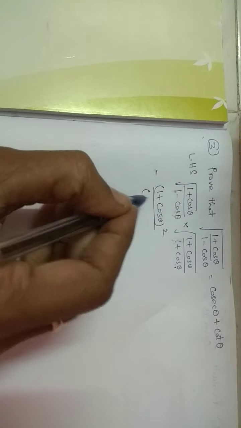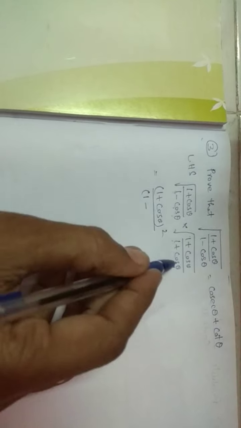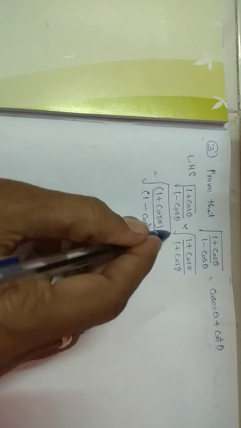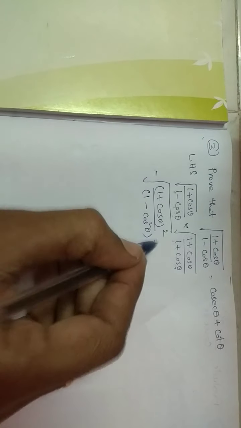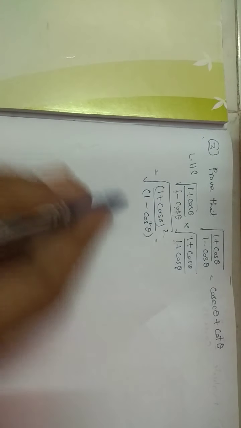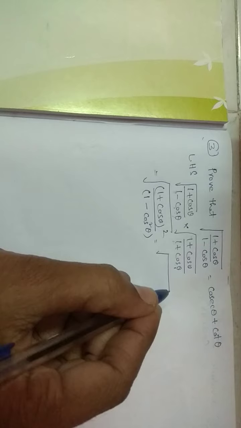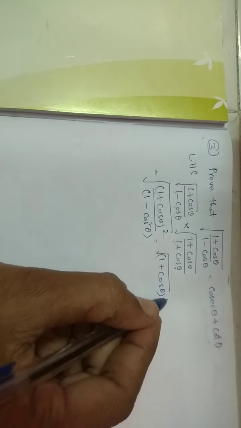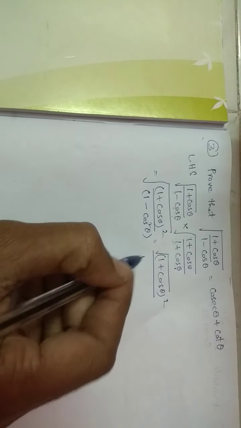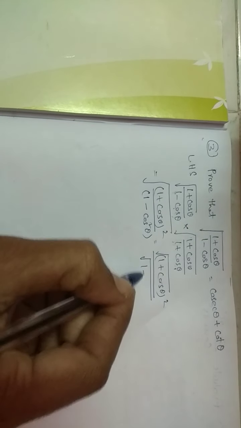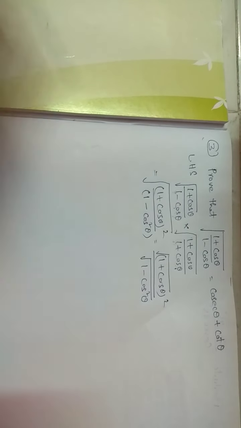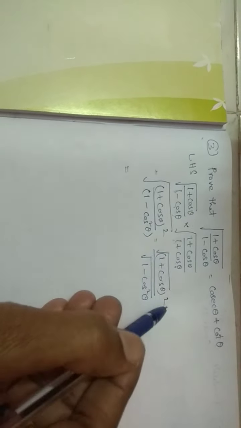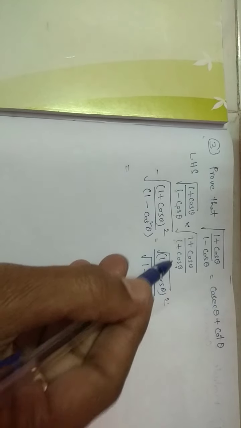So that means 1 square minus cos square theta. This is within the root. Now we can separate the roots. That is root of 1 plus cos theta whole square, and after that root of 1 minus cos square theta. Now the square root and square are cancelled.